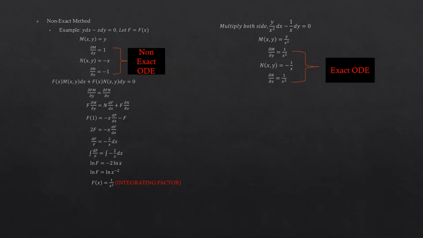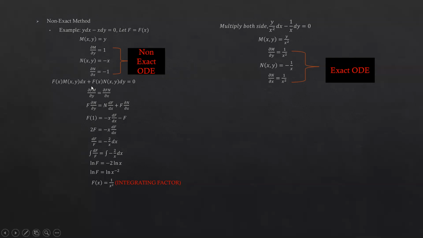Now for the non-exact method. If it is a non-exact equation, you just need to multiply both terms, the function M in x and y and the function N in x and y, with another function F called the integrating factor. In order to find the integrating factor, we need to use this formula.